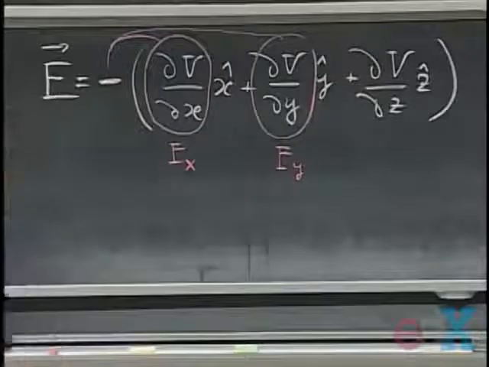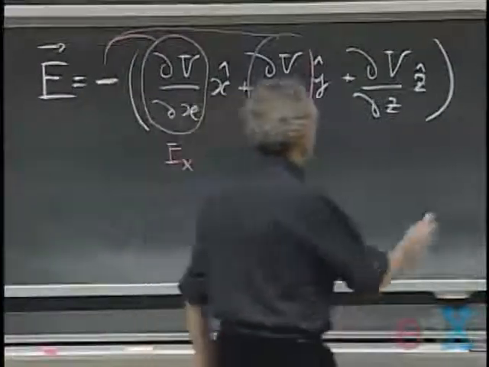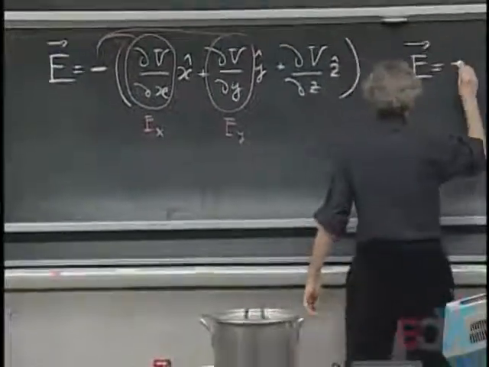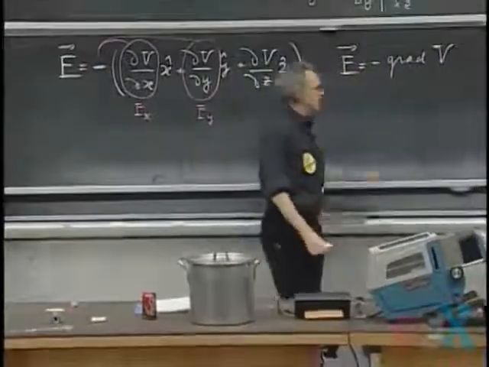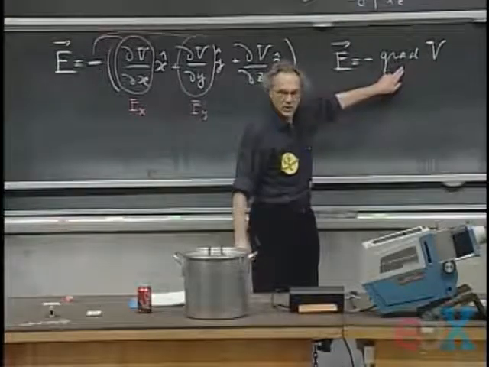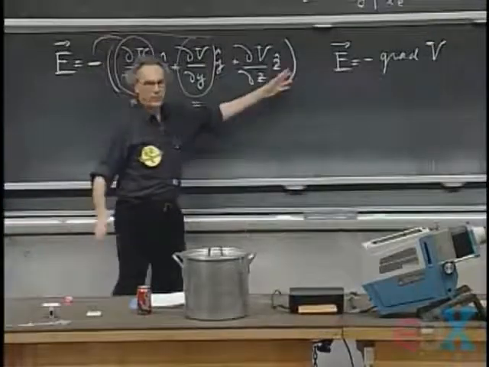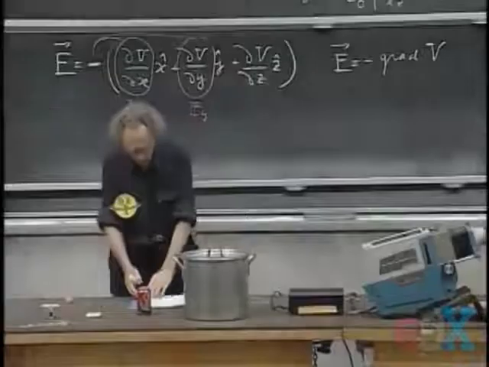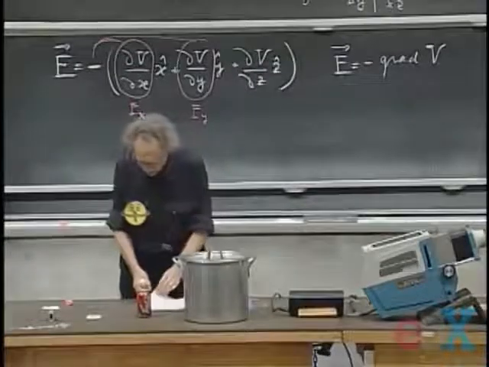And so this is the Cartesian notation for which in 18.02 you will learn, or maybe you already have learned, we would write this E equals minus the gradient of V. This is a vector function, this is a scalar function, and this is just a different notation, just a matter of words, for this mathematical recipe. You'll get that in 18.02 if you haven't seen that yet.